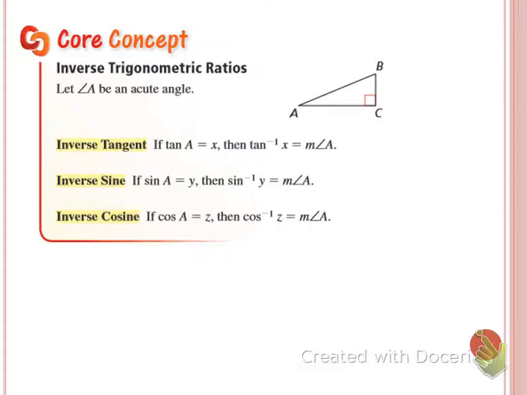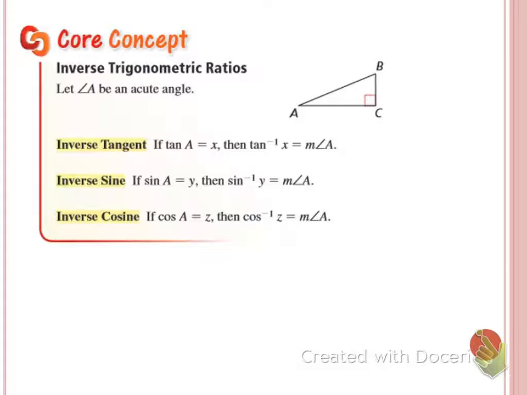If I had x plus 4 equals 2, and I wanted to get x by itself, I have this plus 4. What is the opposite of plus 4? Minus 4. The same thing with multiplication. What's the opposite of multiplication? Division. So you always have to do the opposite action to get x by itself.